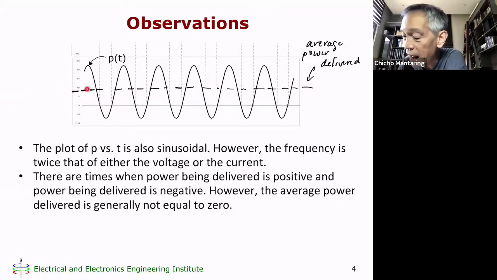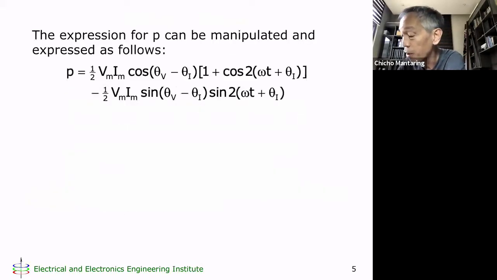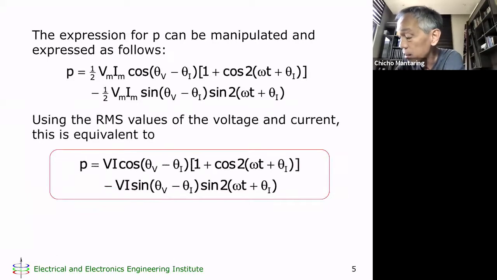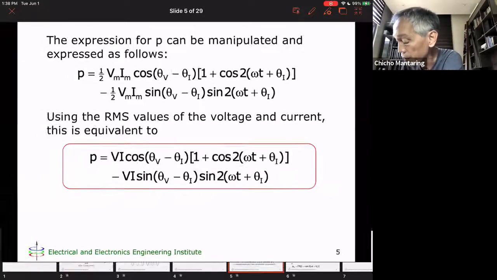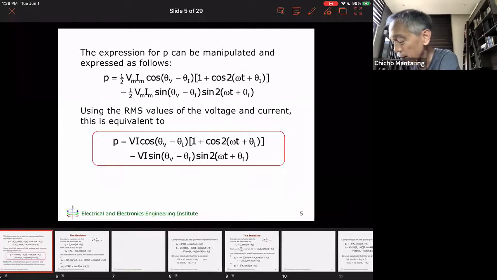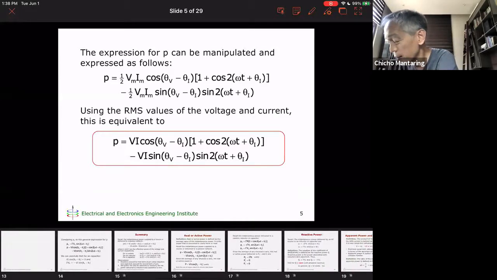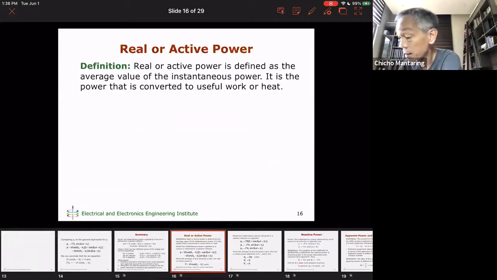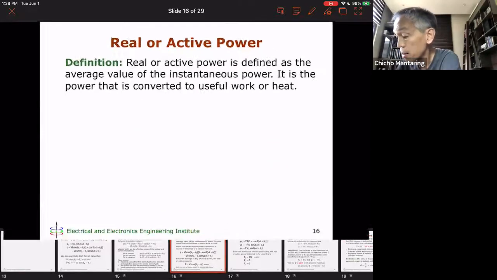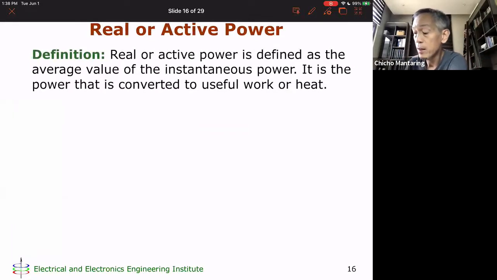It is the average value of your instantaneous power. That is your real or active power. Okay, let's go back to where I came from. The real or active power is the power that is converted to useful work or heat.